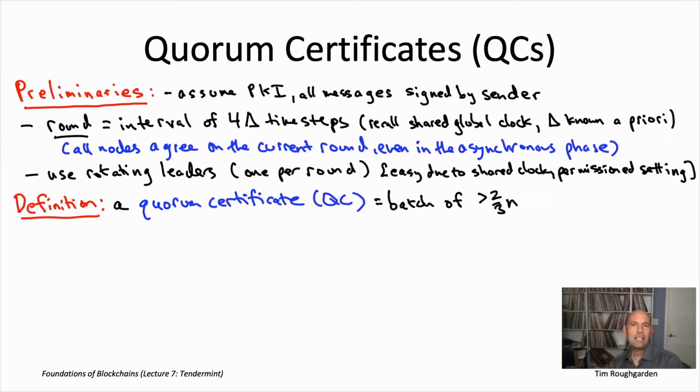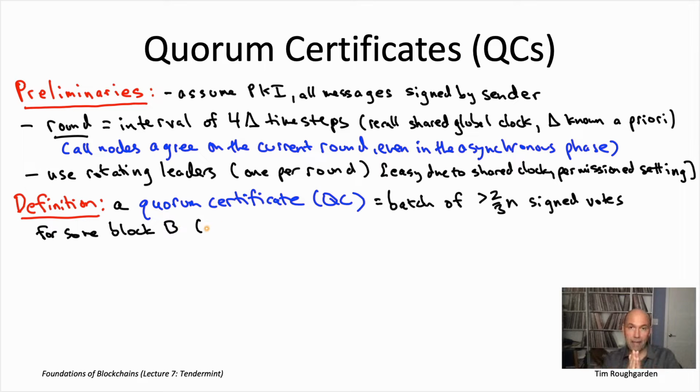So I mentioned last video how every message anyone sends, in addition to signing it, they're also going to include their own height. If I send a message, I'm going to tell people, hey, I'm currently working on block number 9. And now that we have this notion of rounds, let's include the round also. So I'm going to send a signed message that says, I'm working on block number 9, and this is a message belonging to round 117. Now, a quorum certificate involves a supermajority of messages of that type.